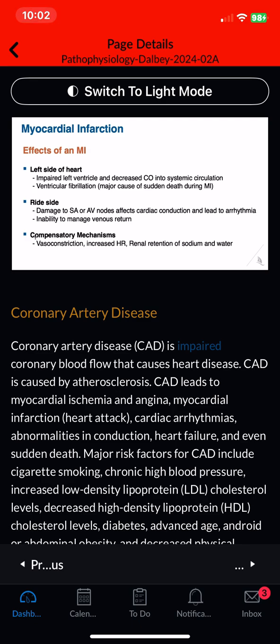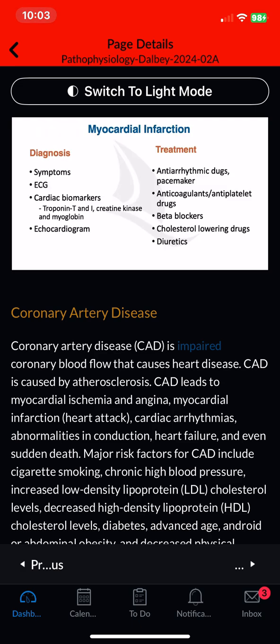Those include vasoconstriction, an increase in our heart rate, renal retention of sodium and water. Unfortunately, those mechanisms in place are going to increase the workload and oxygen demand on an already weakened heart that was unable to meet oxygen demand and supply its cardiomyocytes with the oxygen necessary to function properly.